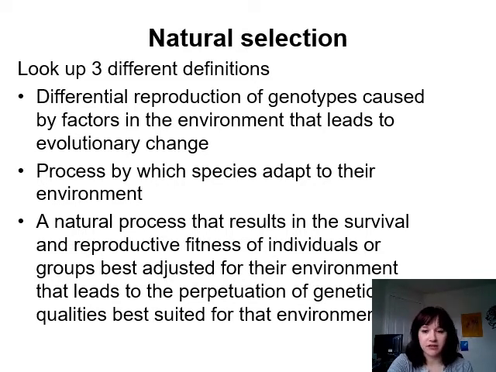And then my longest definition I found: natural selection is a natural process that results in the survival and reproductive fitness of individuals or groups that are best adjusted for their environment. And this leads to the perpetuation of genetic qualities best suited for that environment. The reason why I want you to look up 3 different definitions is so that you can come up with your own best understanding of what natural selection actually means.